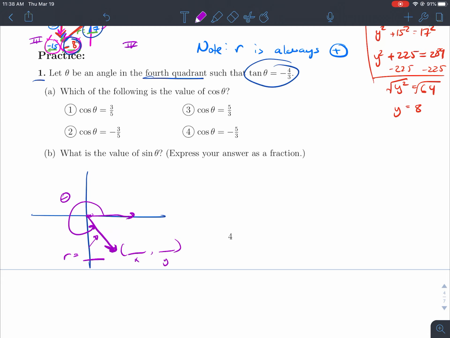Now, tangent of theta, according to our new formulas, we have sine is the y-coordinate over the r value, opposite over hypotenuse. Cosine is x over r, adjacent over hypotenuse, and tangent is opposite over adjacent, so y over x.